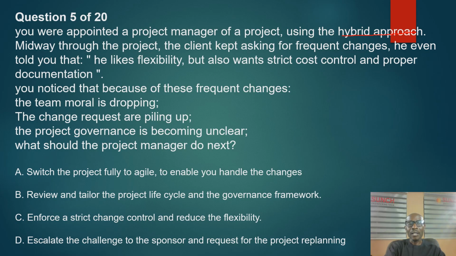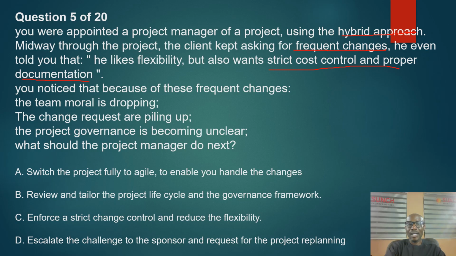The client also wants strict cost control and proper documentation. This is typical of a waterfall, but he wants frequent changes. This is a characteristic of agile. So what should the project manager do next? The change requests are piling up, the project governance is becoming unclear. What should the project manager do next?